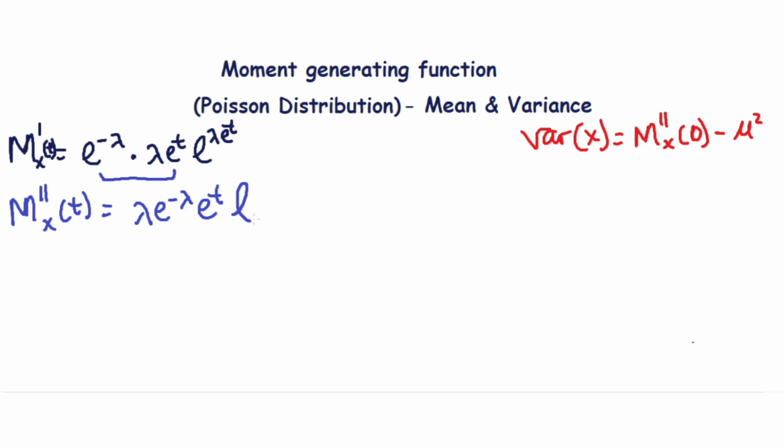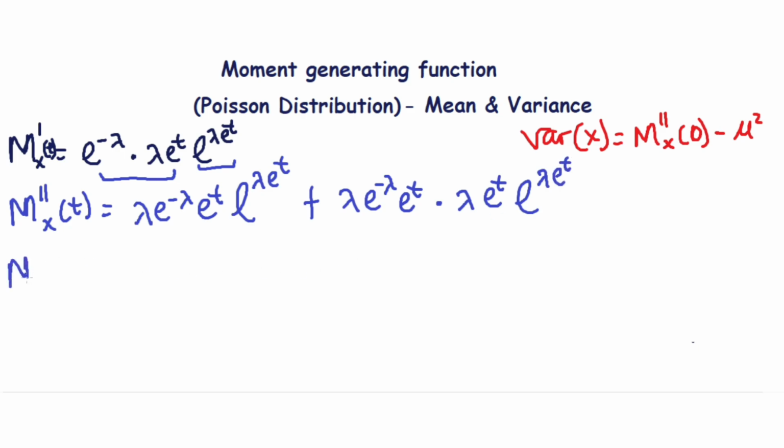Then I'll write the whole of this back, plus I'll write the whole of this back here: minus lambda e raised to the power of t. Then I'll differentiate this one, and that would be lambda e raised to the power of t.